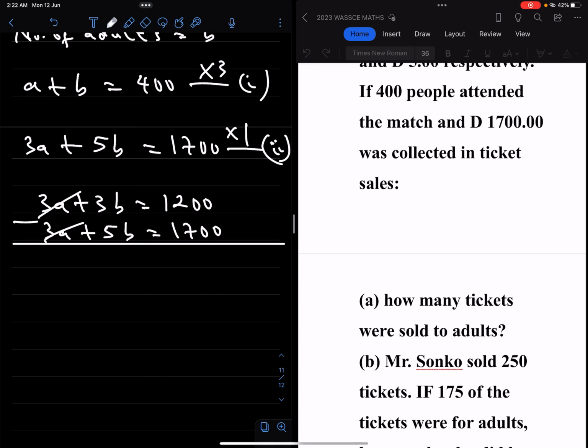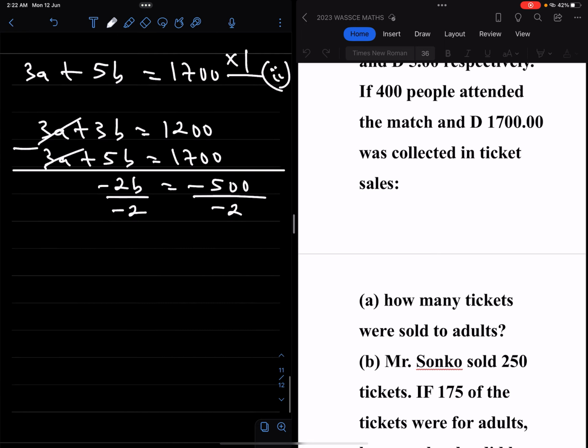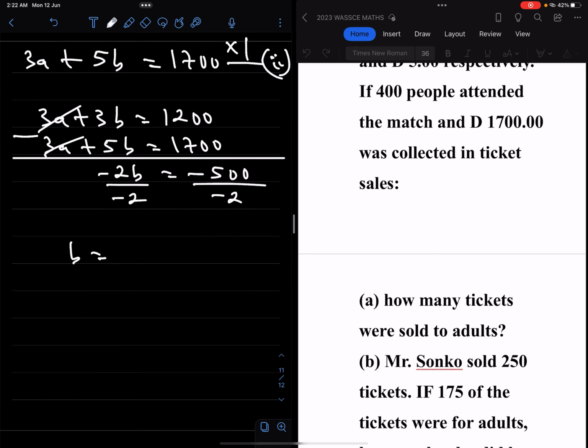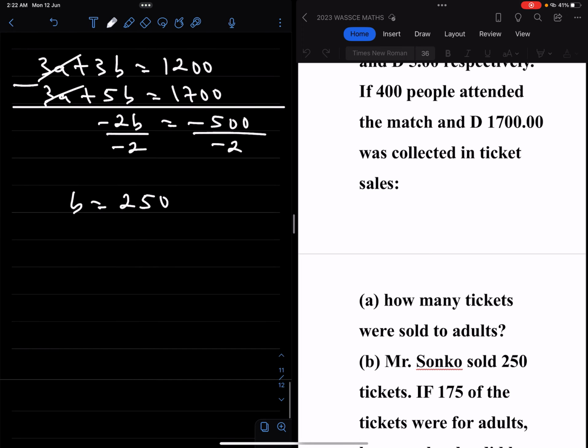Now I want to eliminate A. 3A minus 3A is 0. 3B minus 5B is minus 2B. 1,200 minus 1,700 is minus 500. And I'm going to divide both sides by minus 2, which means B equals 250. Therefore, how many tickets were sold to adults?